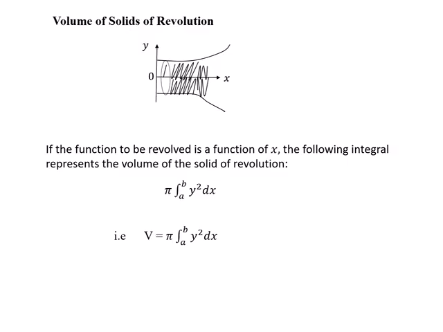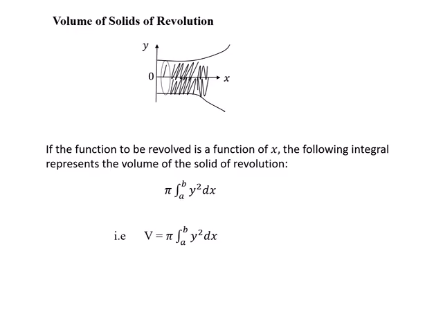So we now move to the volume of solid of revolution. Here, if the function to be revolved is a function of x, then the following integral represents the volume of the solid of revolution, where we have pi integral y squared dx from a to b.